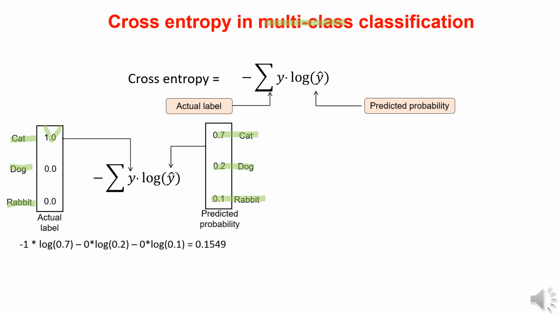By considering these values in the cross-entropy formula, the probabilities for the non-correct classes, dog and rabbit, are effectively ignored as they contribute 0 to the calculation, regardless of their predicted probabilities. In other words, the incorrect classes are disregarded in the cross-entropy calculation, and only the correct class is reflected.